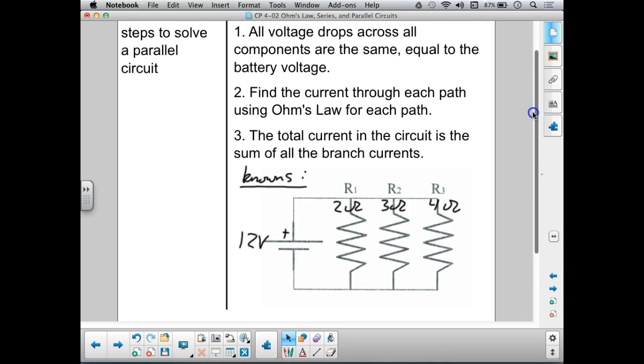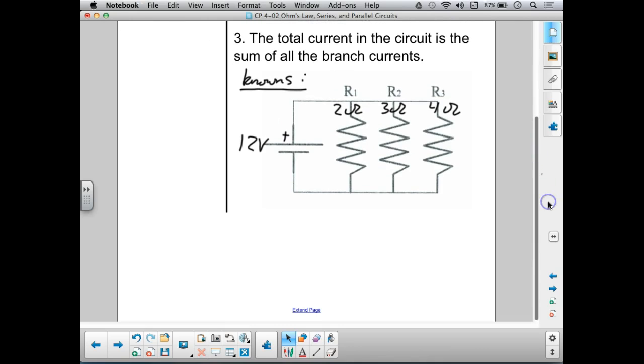Step number 1 is recognizing that voltage drops across all the components are the same and equal to the battery voltage. So I can make a statement that voltage across resistor 1, if I were to put a multimeter here in volts mode and measure the voltage across that resistor, it's going to be equal to the voltage across number 2, which is equal to the voltage across path 3, and all of these are equal to the battery voltage, which in this case is 12 volts.